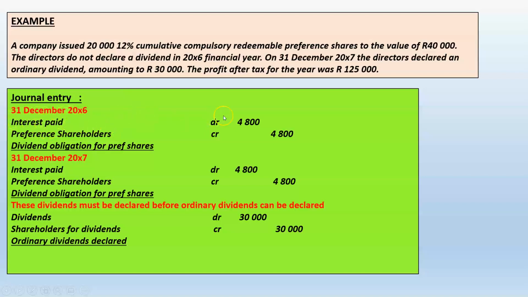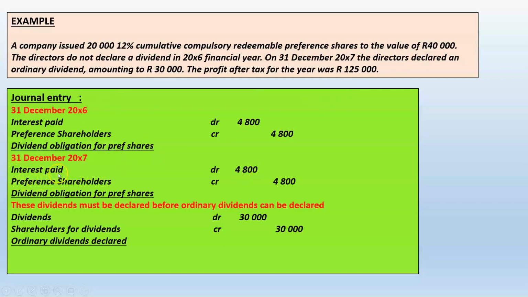So we will debit interest expense, 4,800, and we will credit our preference shareholders with 4,800 for 26. The company owes that 4,800 to the preference shareholders, although they're not going to pay it because there was no dividend declared for 26. In 27, though, a dividend was declared because there was an ordinary dividend declared, so by implication, the preference dividend was declared.